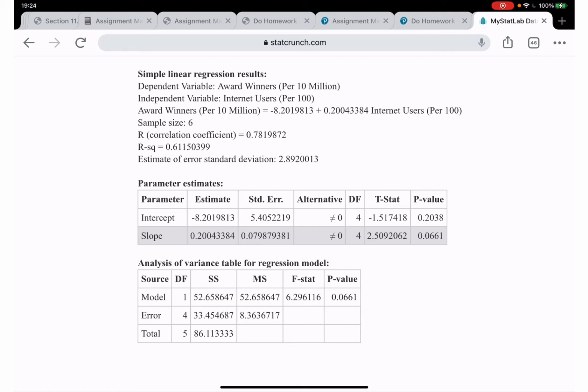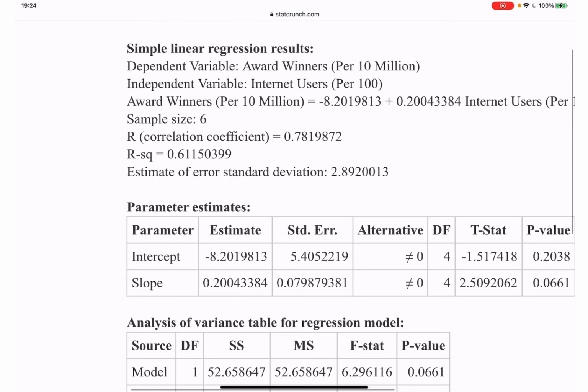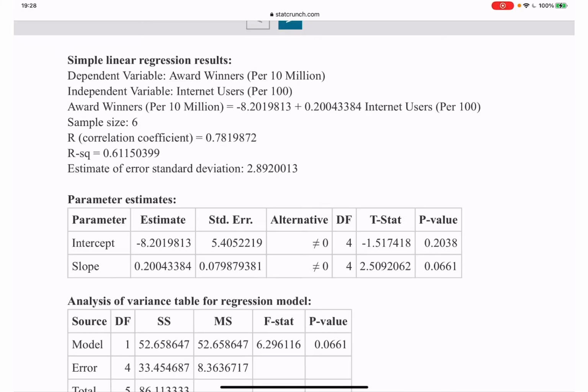Our correlation coefficient, I have 0.781, it's right here, I'm zooming. R is 0.781. Actually, if you round, 0.782.